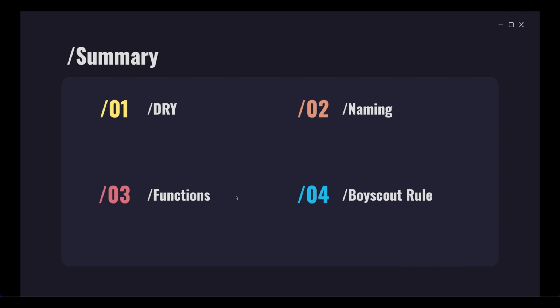So to summarize, we use DRY, don't repeat yourself, to avoid having the same code in multiple places. We try to use good naming, for both variables and functions, to ensure that we are communicating in a good way with our reader.